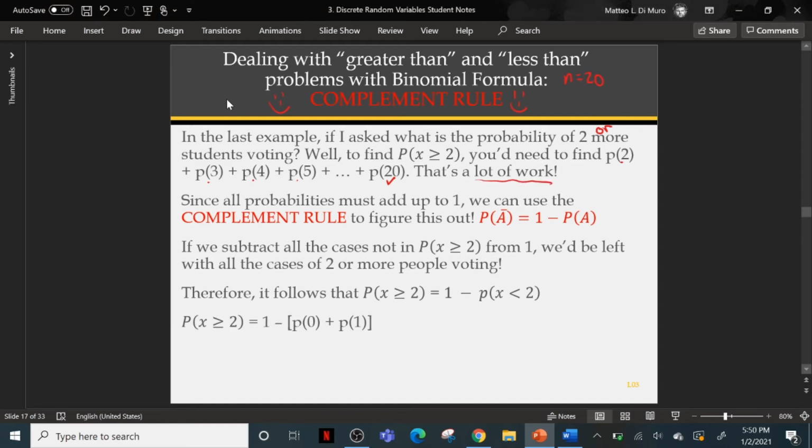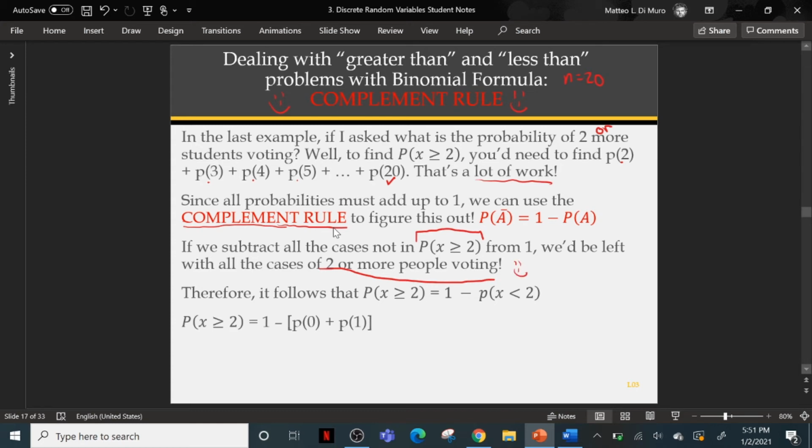So you'll remember from the last week that all probabilities have to add up to 1. And we actually said there's something called the complement rule. Now, what's the complement rule? Well, if you want to know the probability of not A, then you go 1 minus the probability of A. So what does that mean for us in this question? Well, if we subtract all the cases that are not part of X greater than or equal to 2 from 1, then we'd be left with all the cases of 2 or more people voting, and that's what we want.